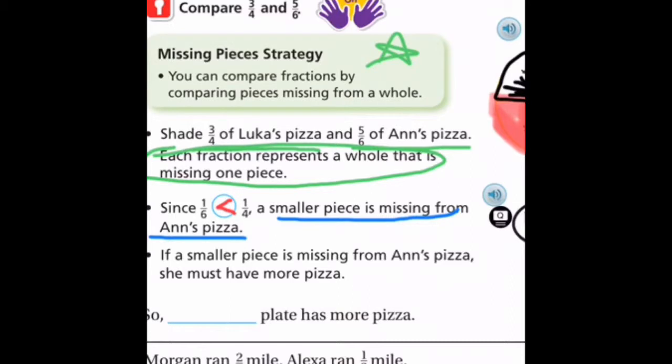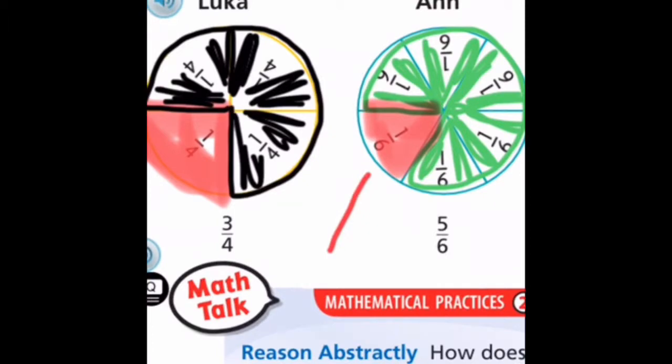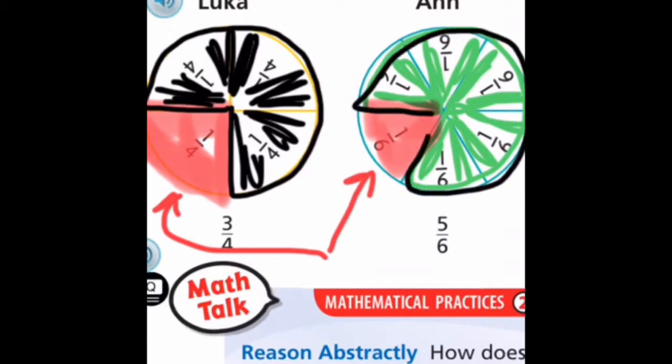If a smaller piece is missing from Anne's pizza, she has more pizza left. Okay, let's look at that again. She's missing this small piece right here. Since that's smaller than this one, it tells us that what is left over is bigger than Luca's pizza.